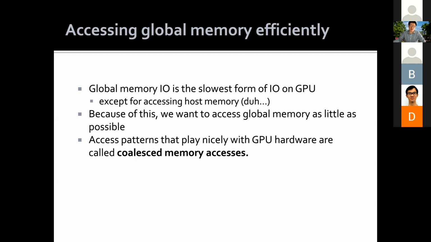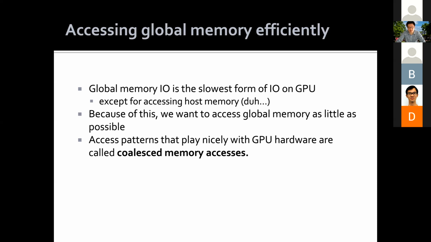But I'll repeat again: you can still think this is a very high number, for example 800 or 900 gigabytes per second of global memory bandwidth, but you only have about 10 gigabytes per second for the GPU-CPU data transfer, right? The gap is very large. Because of this, we want to access global memory as little as possible.